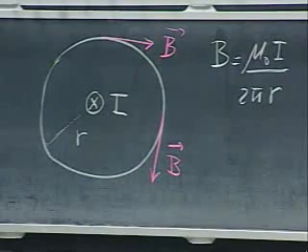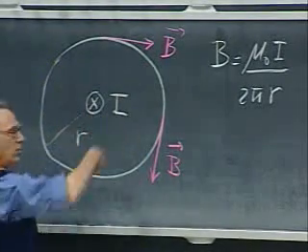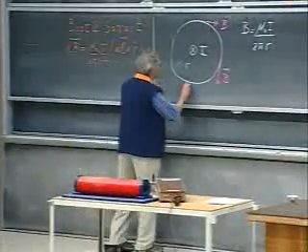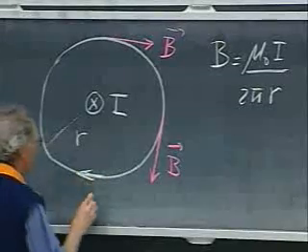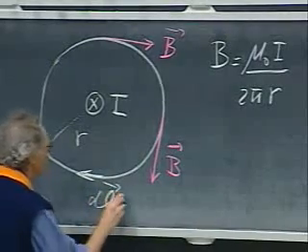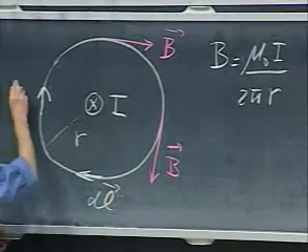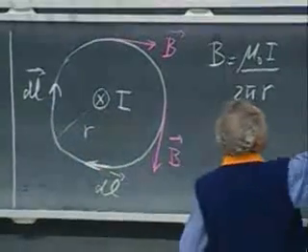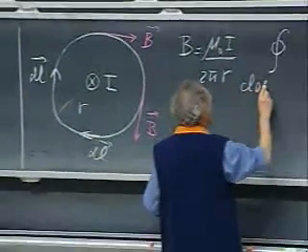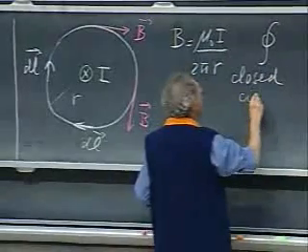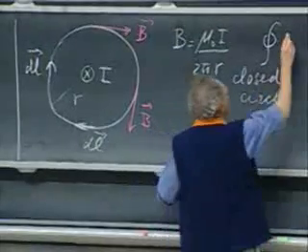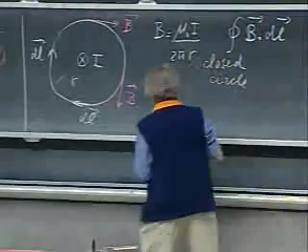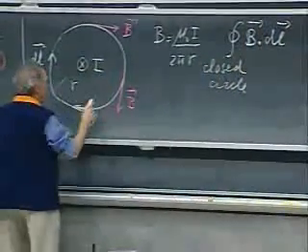If you walk around this circle and carve it up into little elements dl, and you calculate the closed circle integral of B dot dl, everywhere locally you dot B with dl.